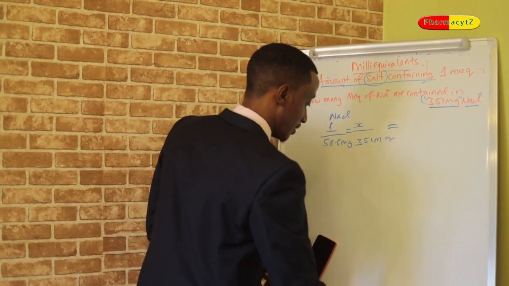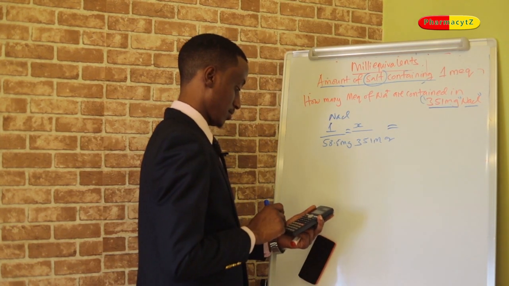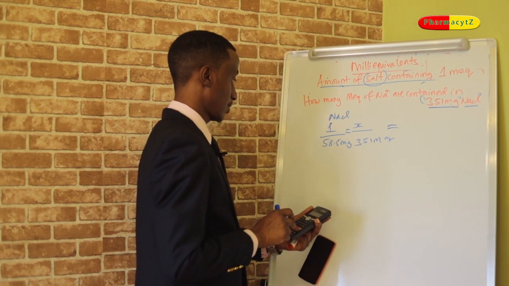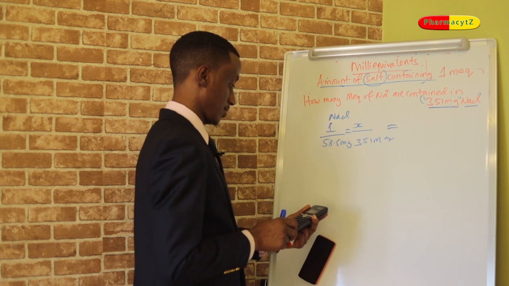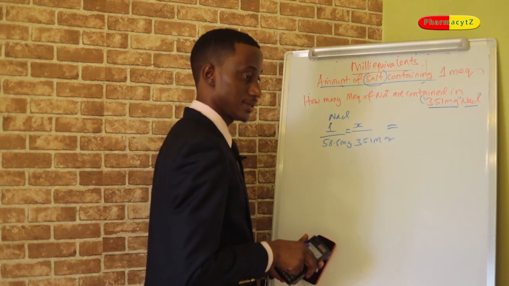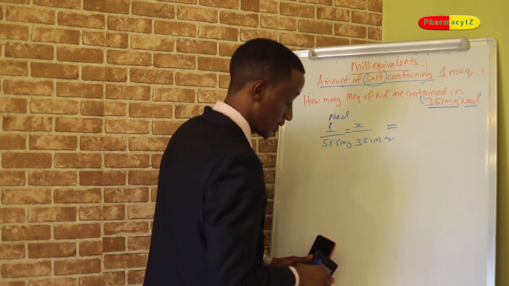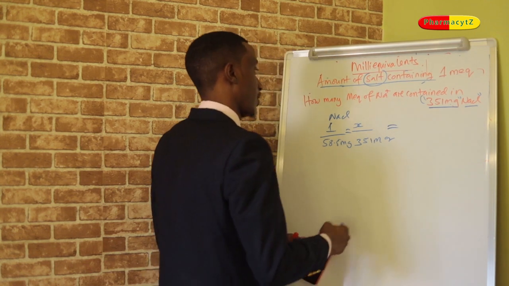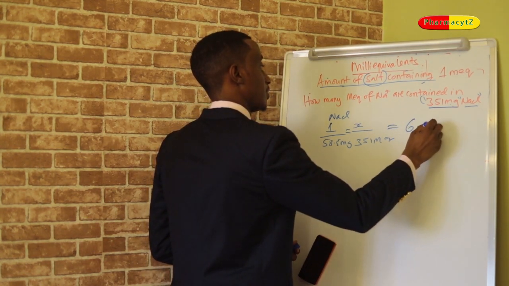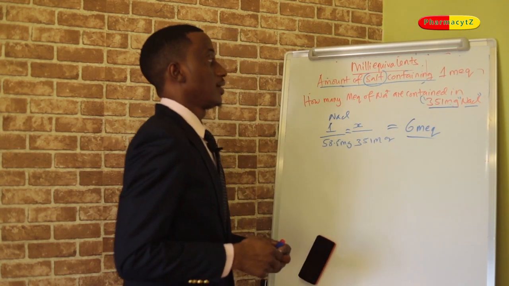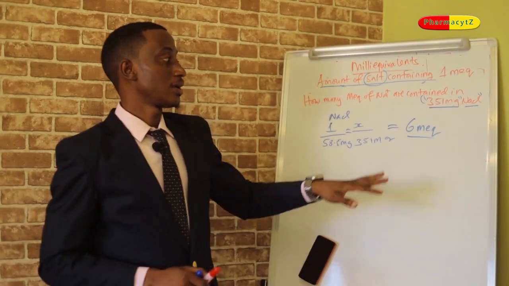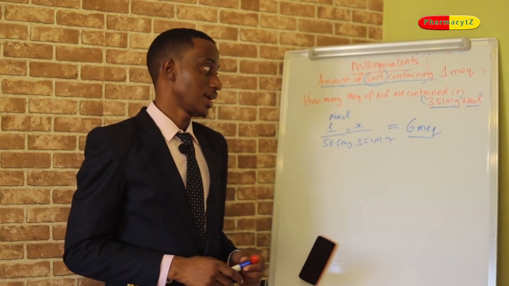If we divide, you get 6 milliequivalents. That is to say, 351 milligrams of sodium chloride provides 6 MEQ.